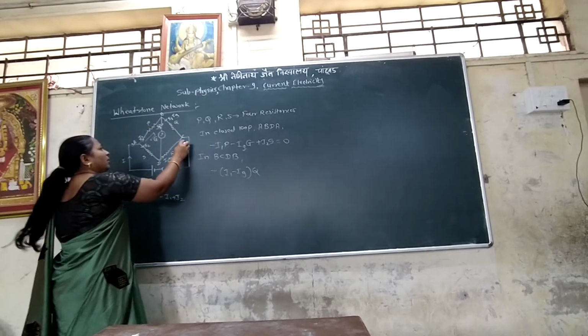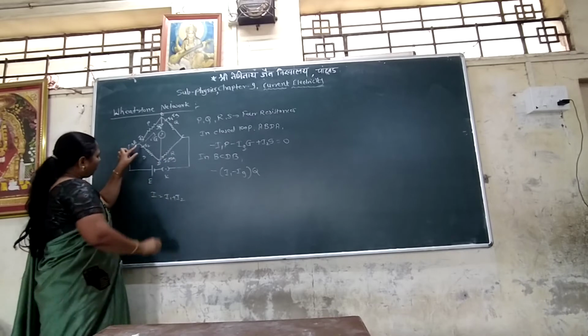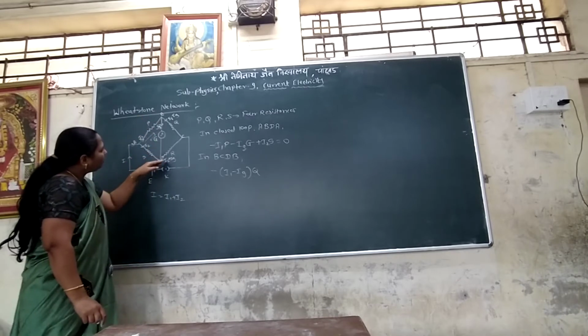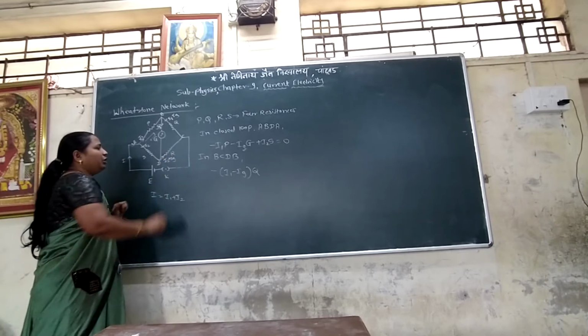Again, here the directions of I2 and IG: I2 is flowing in that direction and IG is flowing in that direction, therefore the current flowing through resistance R is I2 plus IG.